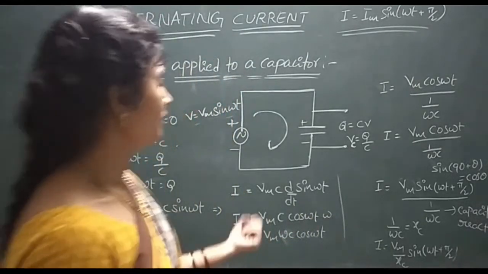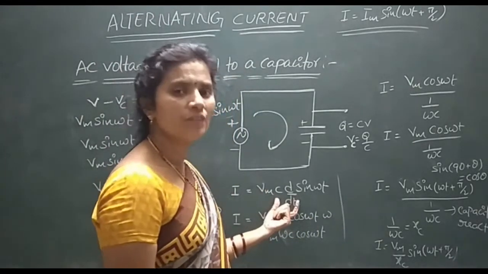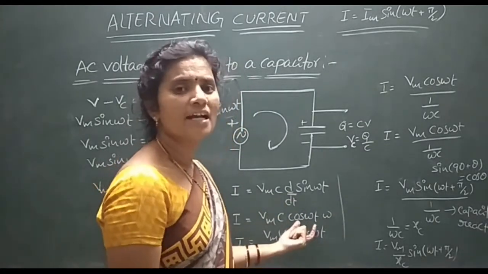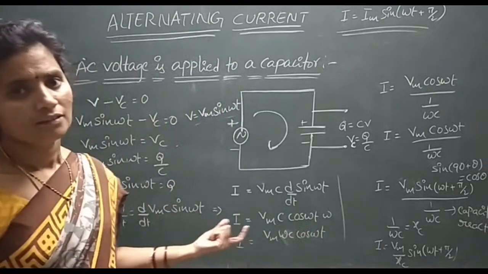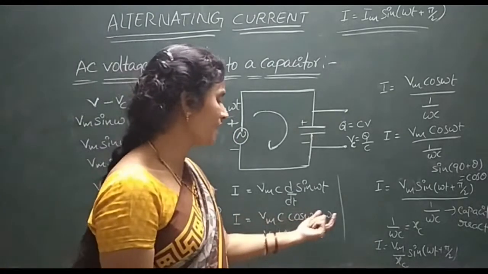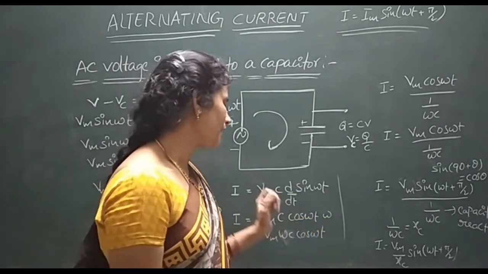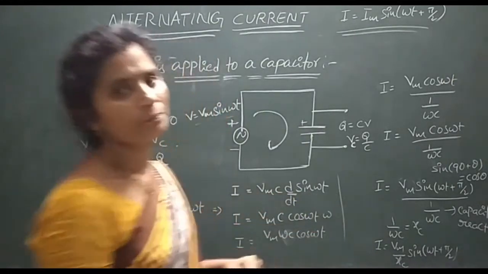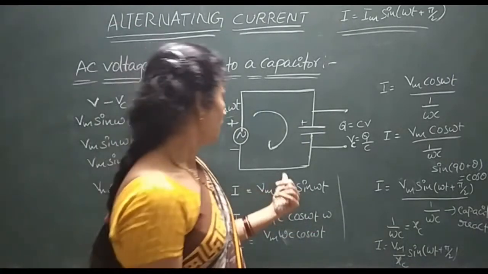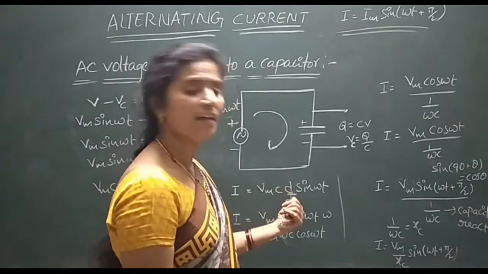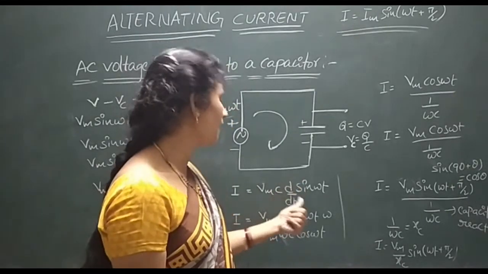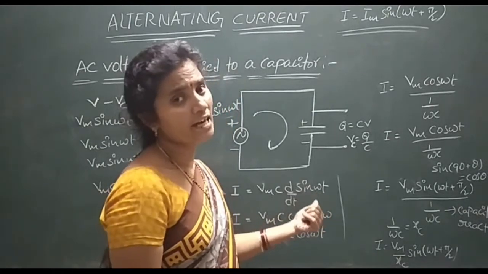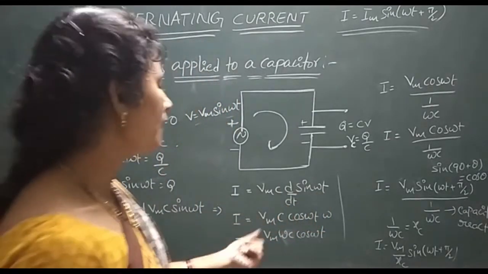From that, omega t into omega. If it is an integral, then omega is in the denominator, and if it is a derivative, then it will be a multiple. Integral of sin omega t is minus cos omega t divided by omega.